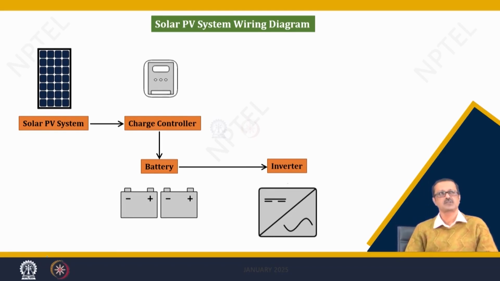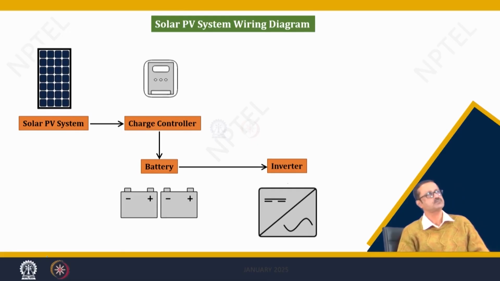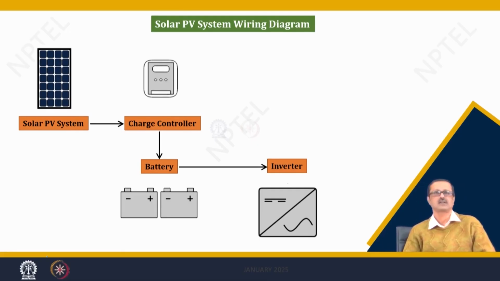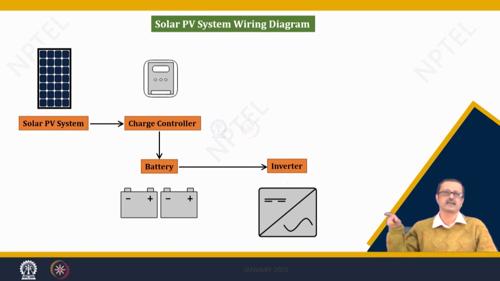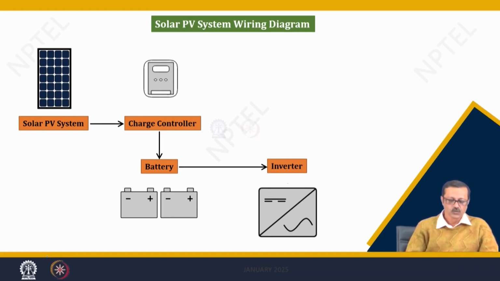Because in our country almost all electrical loads are alternating current loads, that is, AC loads, but you cannot store AC current in a battery. The battery stores direct current, DC, which does not have any amplitude.